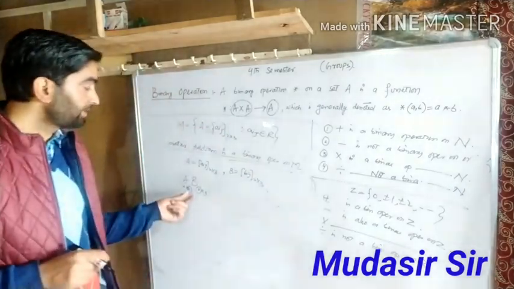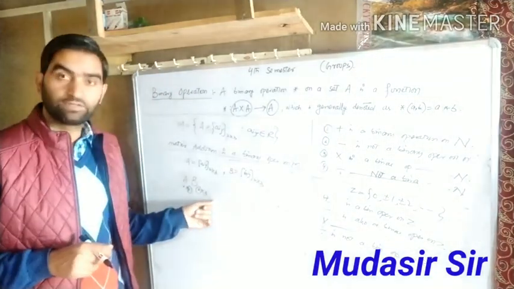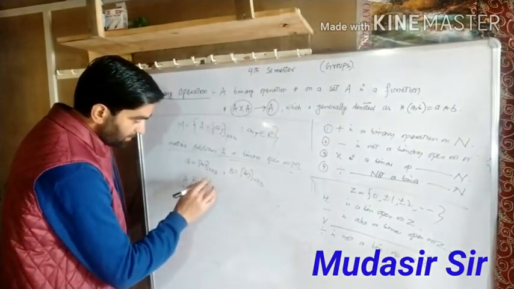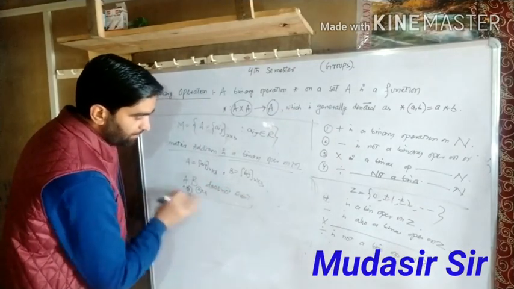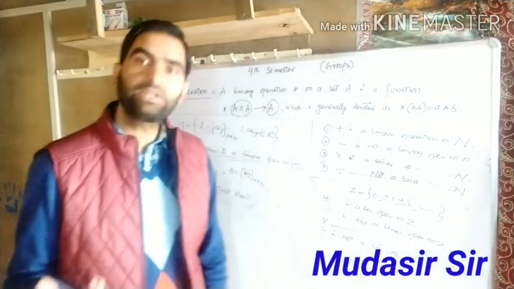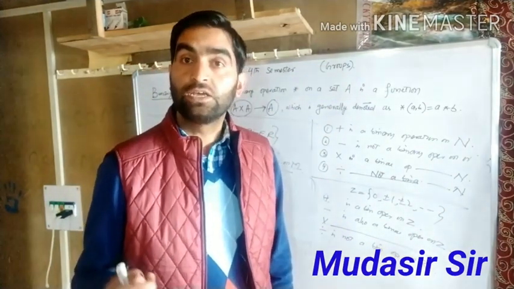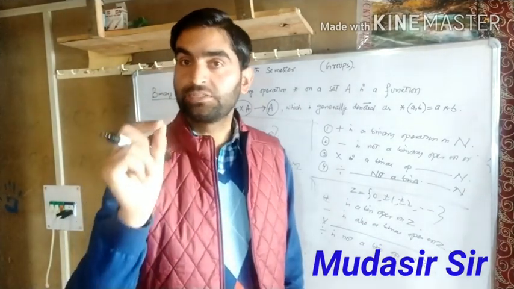But first of all, matrix multiplication is not permissible because A has 3 columns and B has 2 rows, so the product does not exist. Since it does not exist, matrix multiplication is not a binary operation on the set M.